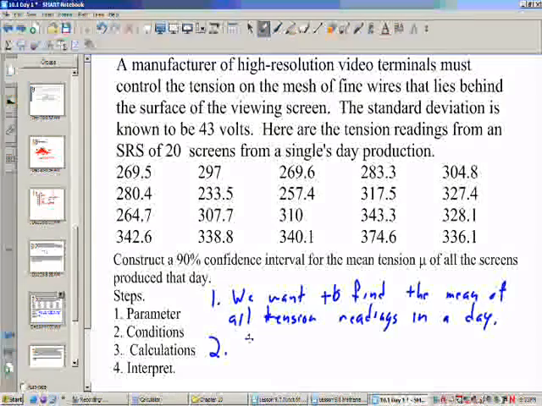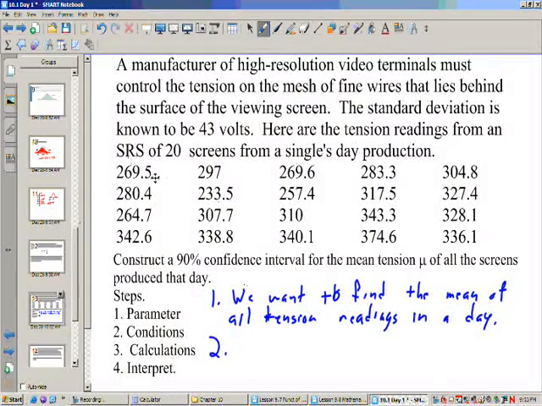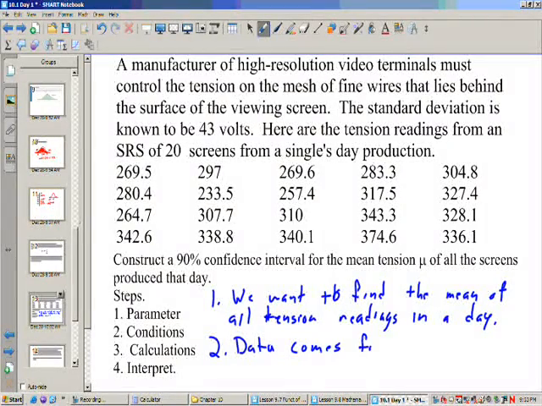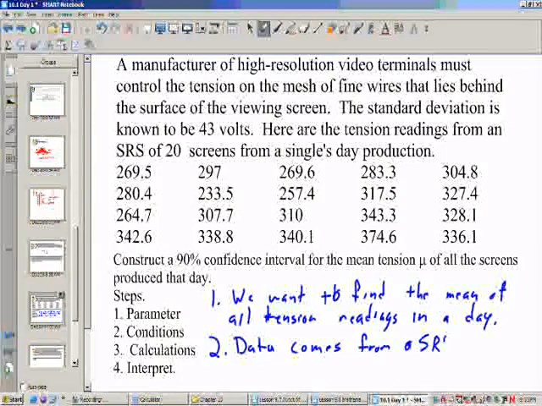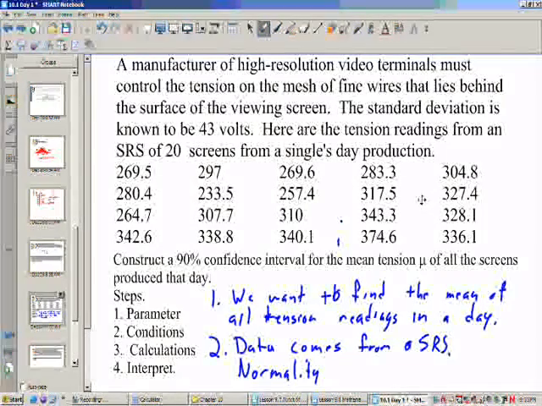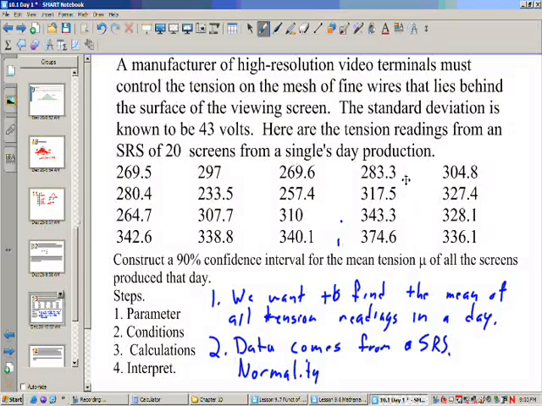Now we have to check the conditions. It says the data comes from an SRS, so we can say data comes from an SRS. Wonderful, that's already done. Normality. We need to figure out if this is normal. We only choose 20 screens, so we can't use the central limit theorem.